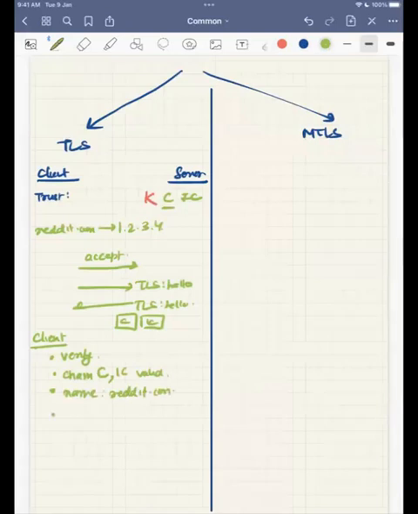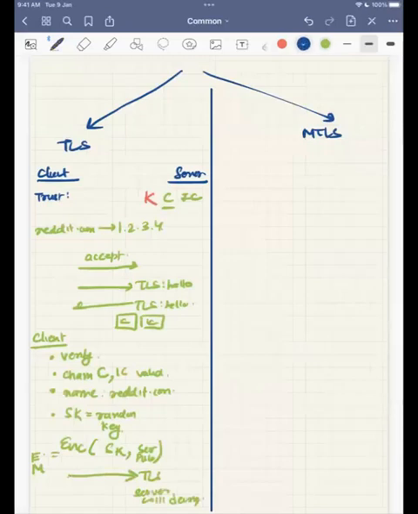Then it generates a random key. This is then used with the public key of the server to get the encrypted message. This is then transferred over the wire, where the server will decrypt.